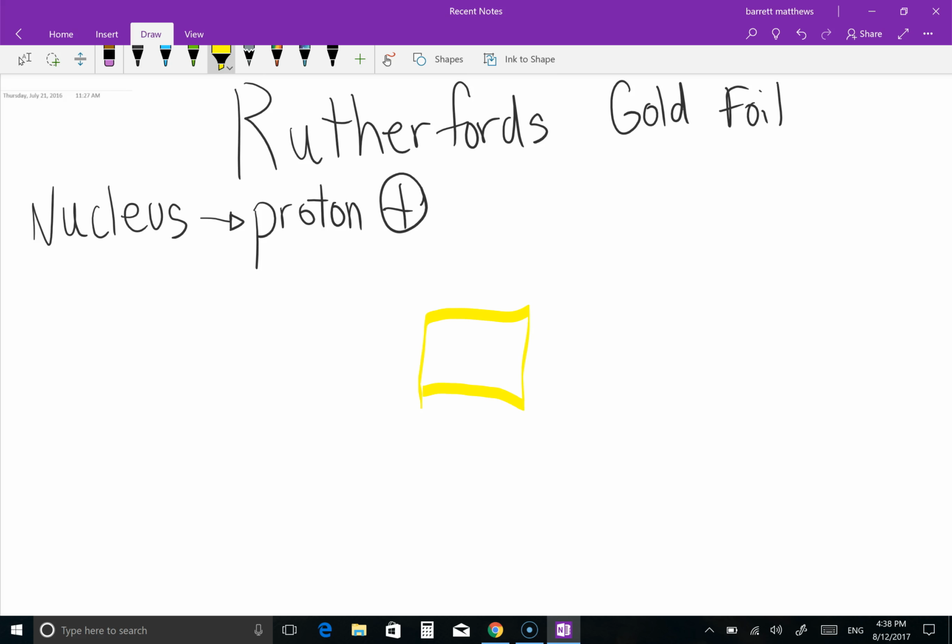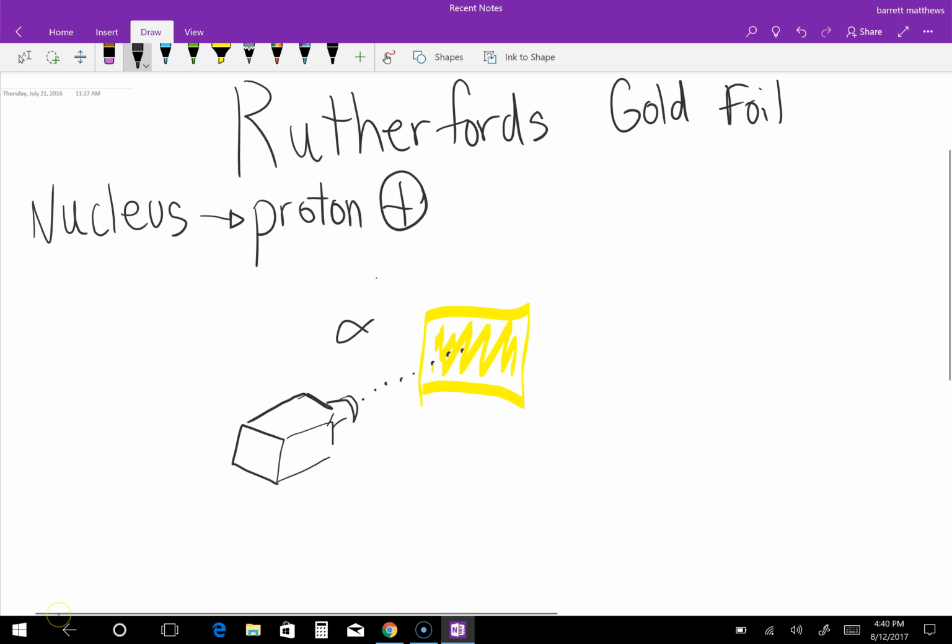So he had a piece of gold foil in the middle here. Then he had a special physics gun that shot tiny particles called alpha particles. Here's the symbol for alpha, and he's shooting it at the foil.